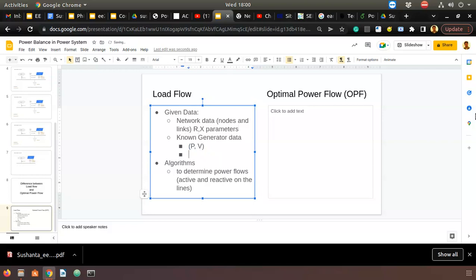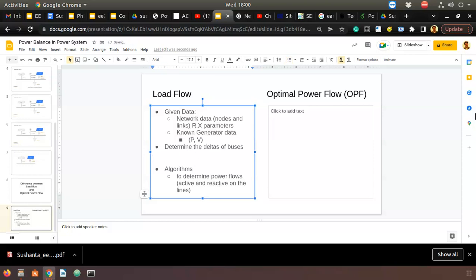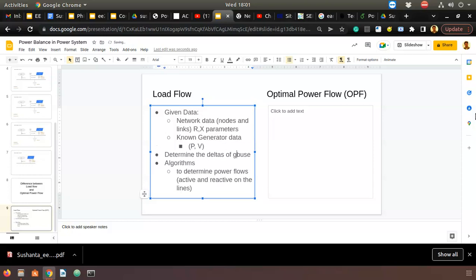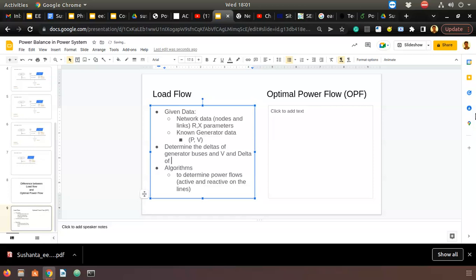So basically, now this is not the ultimate or fundamental thing you said, to determine line flow. The purpose of load flow is to determine the angles of the voltage. Determine the deltas of buses, of course, the deltas of generator buses and V and delta of load buses.